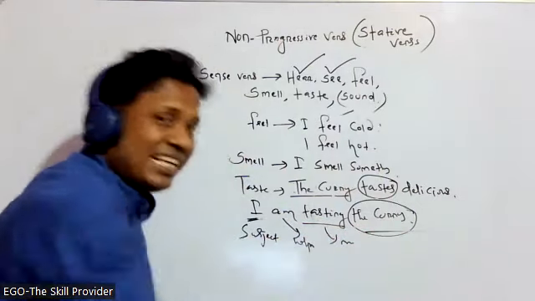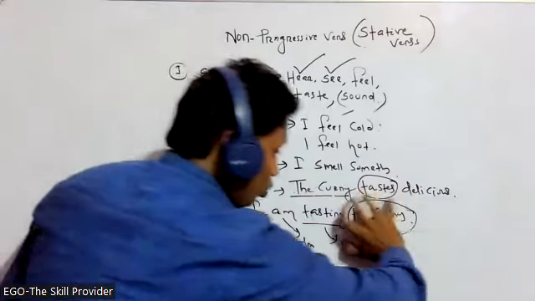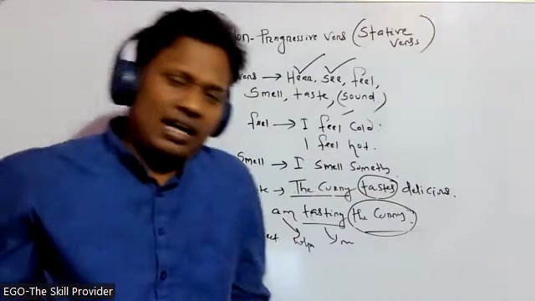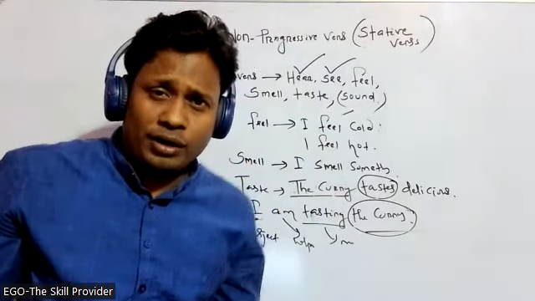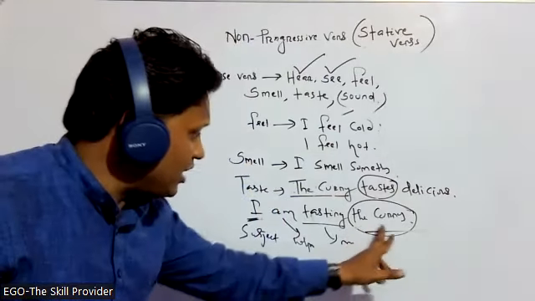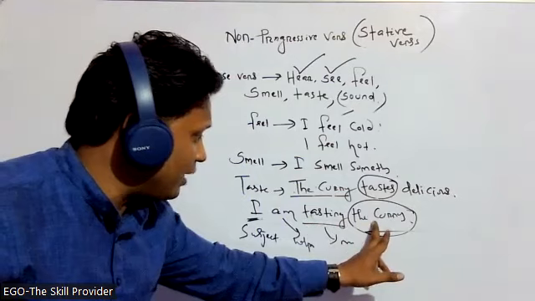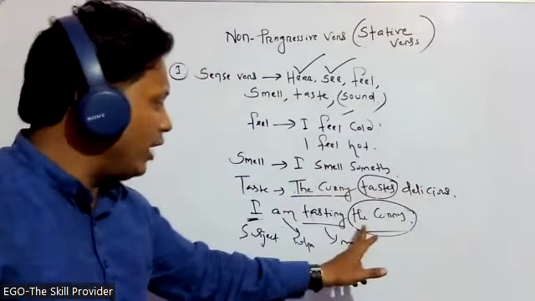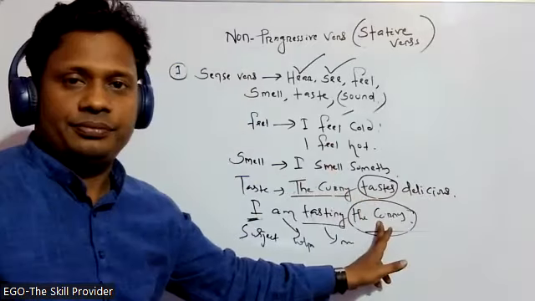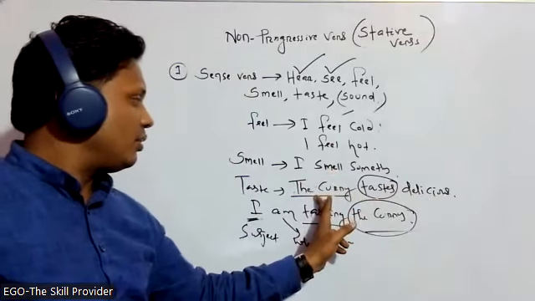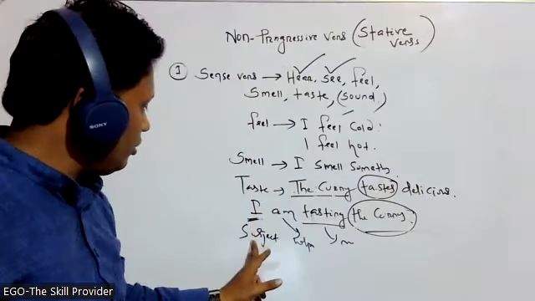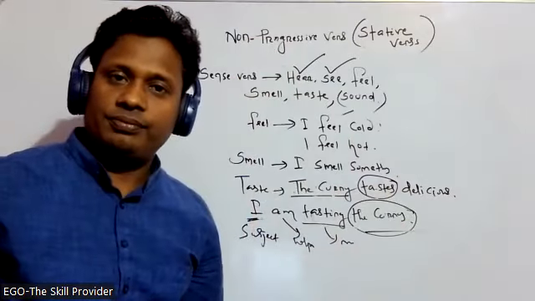The curry is the object. I am testing, so what I am testing, it doesn't know. But when the curry is made the subject, the curry tastes delicious. So whenever the object becomes the subject, it becomes tastes, a non-progressive verb. In the other way, it is a progressive verb.